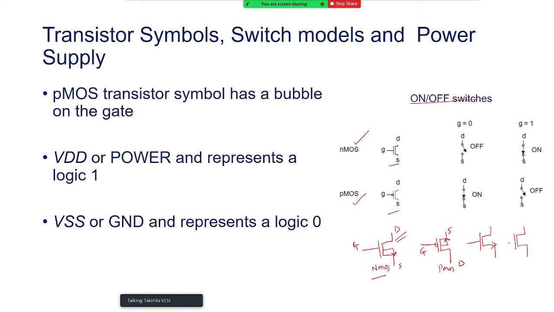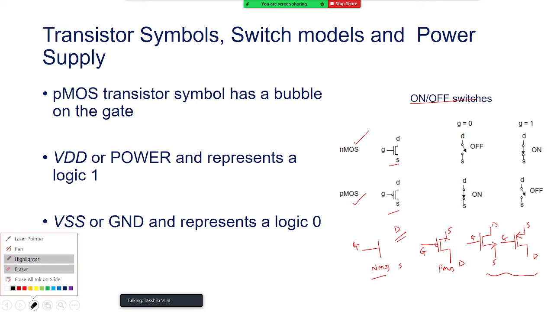When you don't show a bubble actually, then this is drain, this is gate, this is source, gate, and drain. So this is one way of representation, and here you don't show arrow basically. Okay, here you don't show arrow, just tie the body like this.